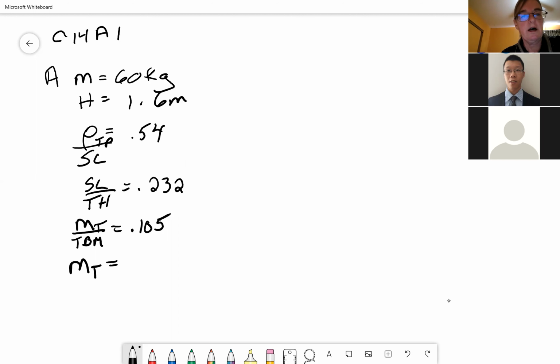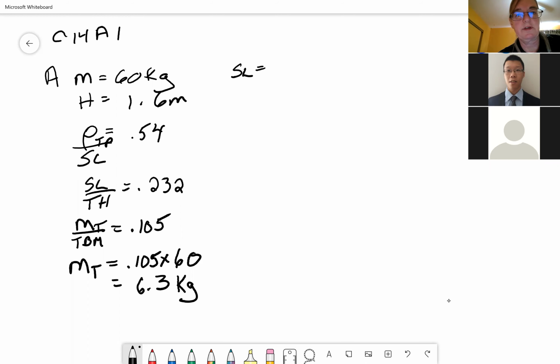So the mass of the thigh is going to be 0.105 times 60. 6.3. So that's 6.3 kilograms. And the segment length is going to equal 0.232 times 1.6 meters.